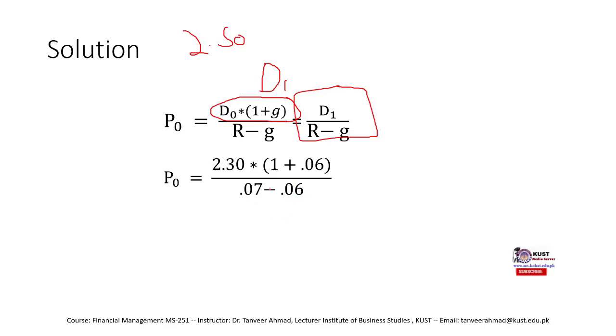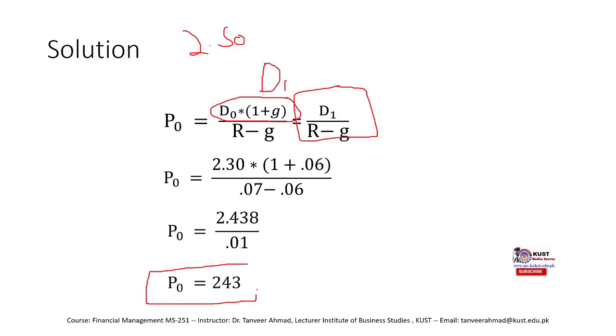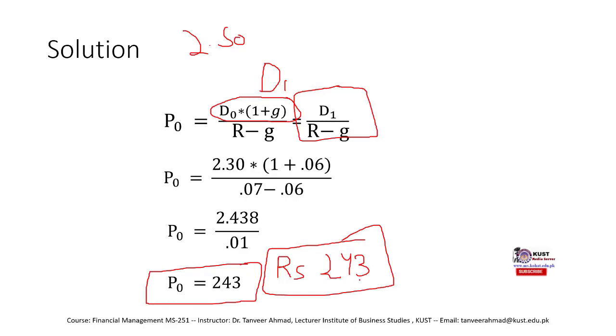If we simplify this equation, the answer would be 243. Now what does this 243 represent? It means that the stock's intrinsic value is 243 rupees, based on its dividend. According to the dividend discount model, we have analyzed that this stock is currently worth 243 rupees.